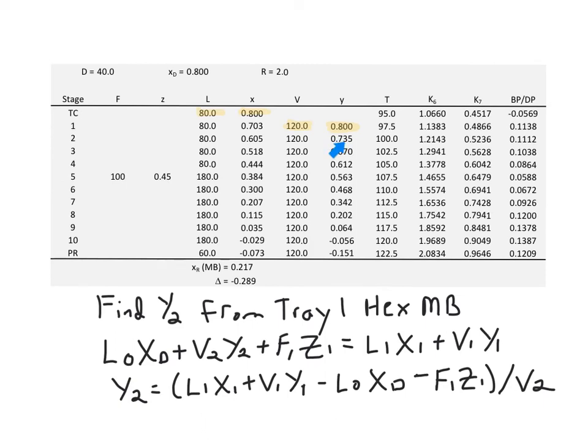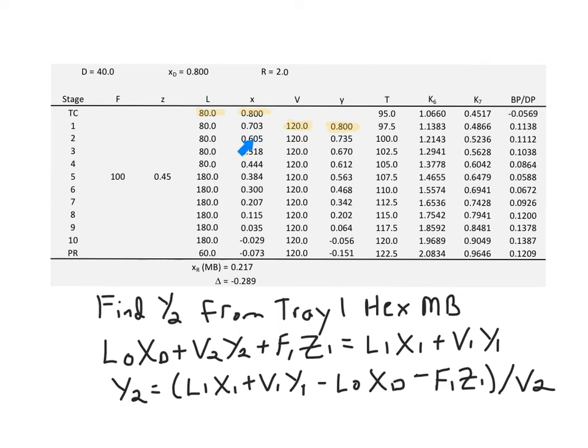Then this composition, the vapor phase coming out of tray 2, is calculated based on a mole balance that only involves these streams and this flow rate. Then the dew point equation is iterated until this temperature is correct based on that mole fraction.